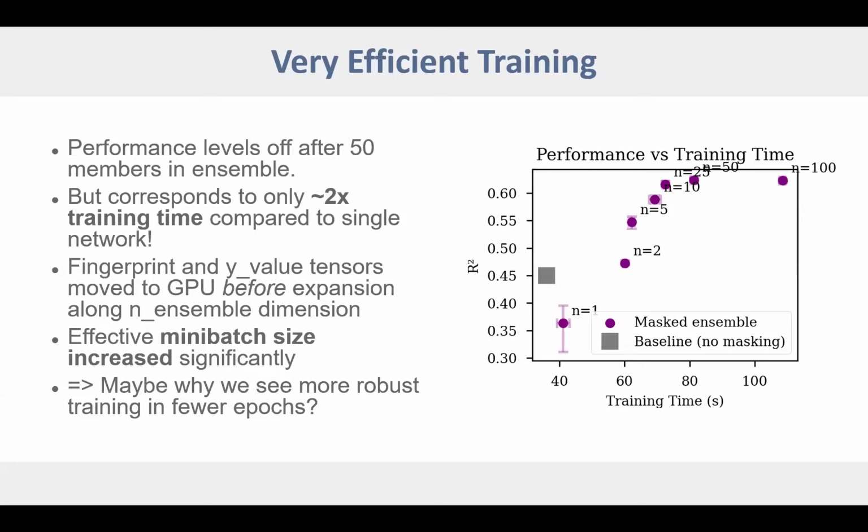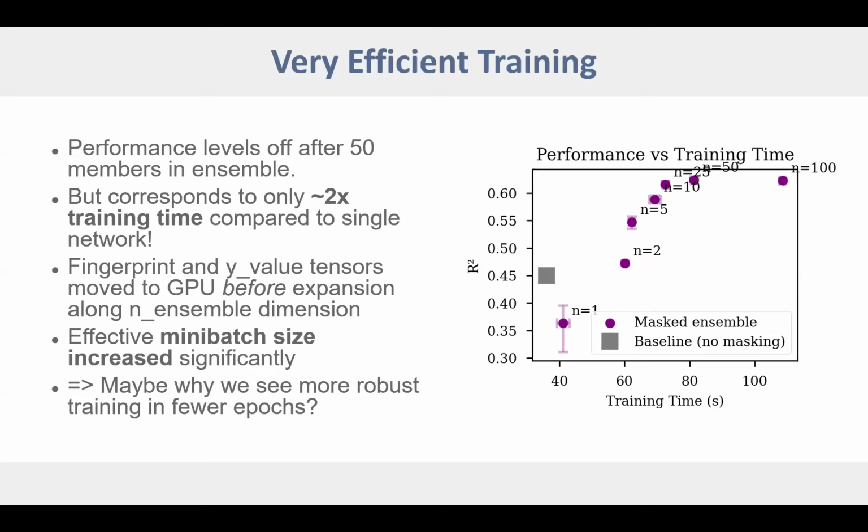So that's a very modest time investment to get to a point where we have our optimal performance. And I think part of the reason is that we transfer the fingerprints and the target values to the GPU before we do the expansion. So everything from there is done very efficiently, parallelized on the GPU that is built for that purpose.